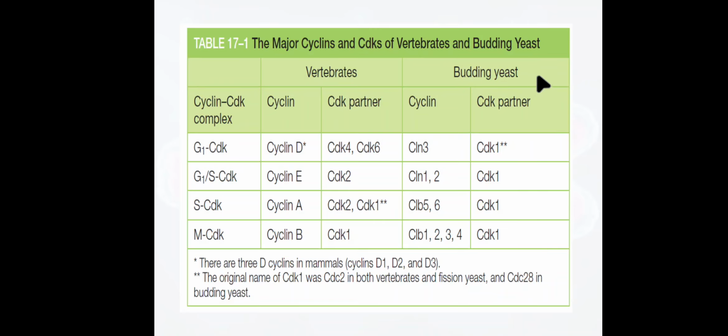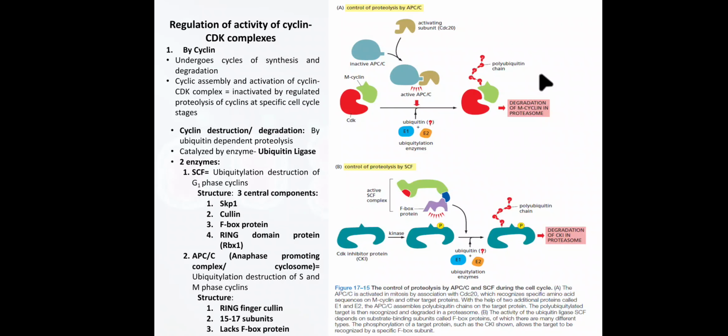So today we'll be learning about regulation of activity of the cyclin CDK complex. Before getting into detail, regulation may be positive or it may be negative. The cyclin CDK complex forms by the binding of cyclin and CDK with each other.